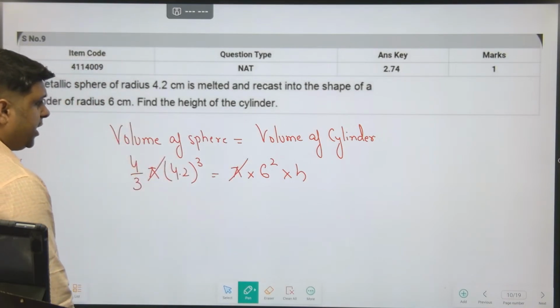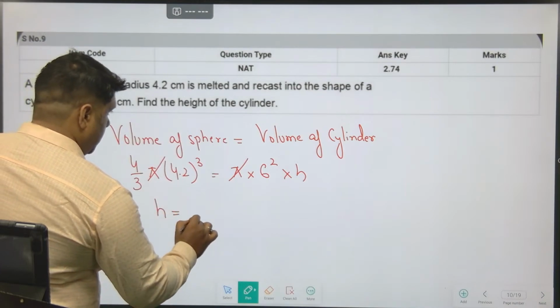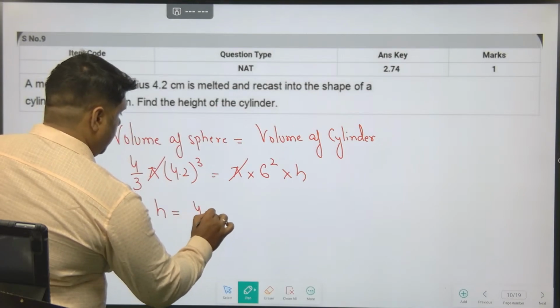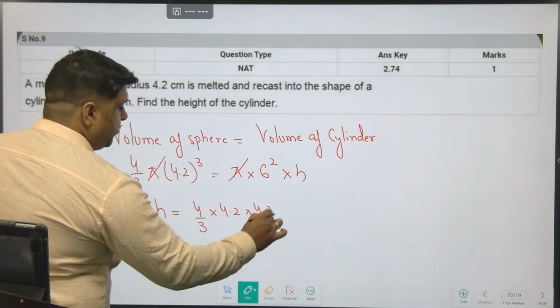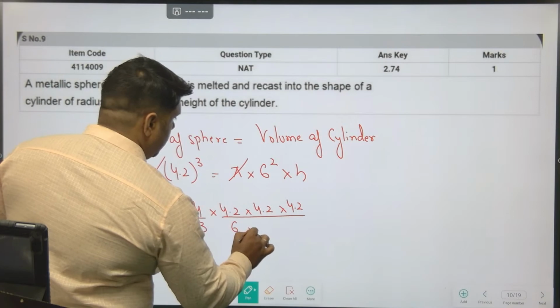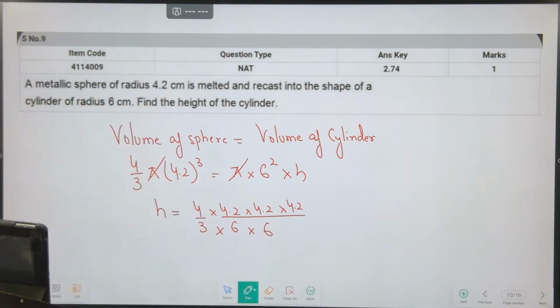So we have to find h. So h here is equal to 4 by 3 into 4.2 into 4.2 into 4.2 upon 6 into 6. This is our h.